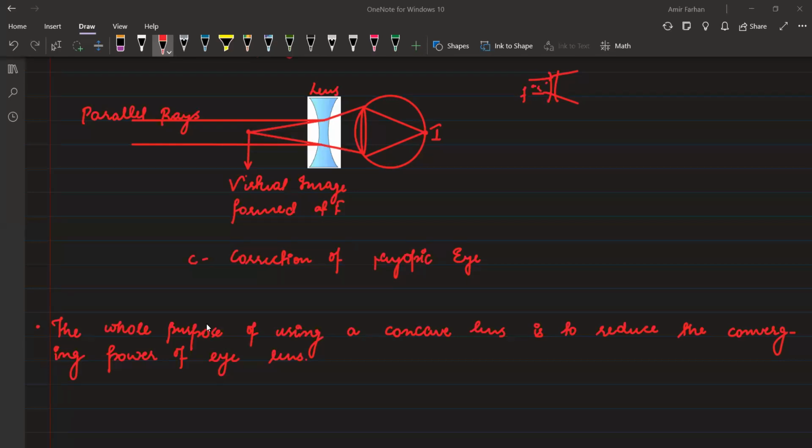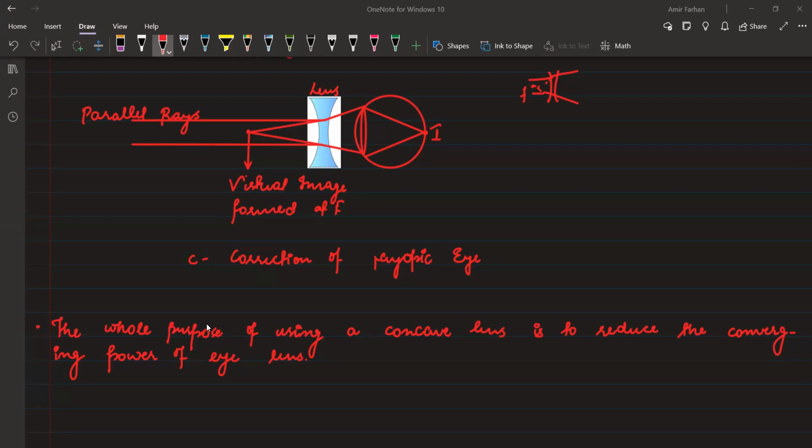This is the main reason to use the concave lens. Clear, everyone? Please let me know once. Any doubt so far to anybody? No, sir.